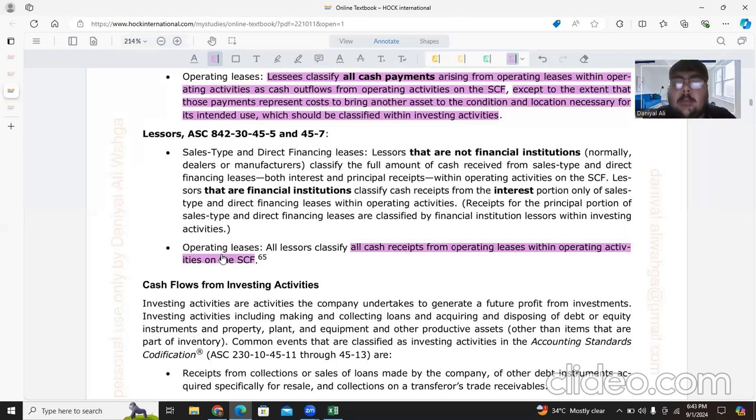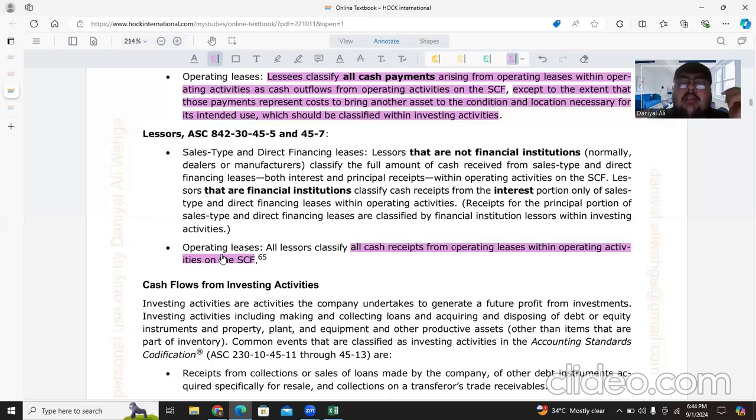Yes, we are a lessor. Next, which type of lease are we dealing with, a sales type or a direct financing lease? By the way, sales type and direct financing lease are the same. Third, you need to see operating lease. If you are a lessor and you have chosen an operating lease, no need to worry. All your cash receipts from operating leases are part of your operating activities.